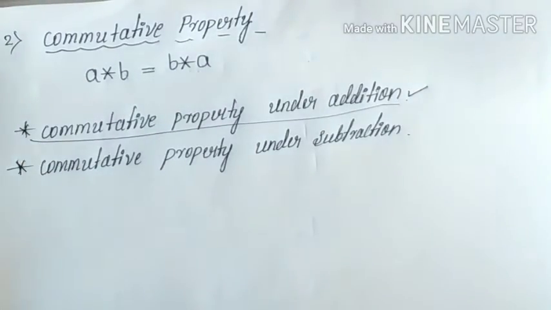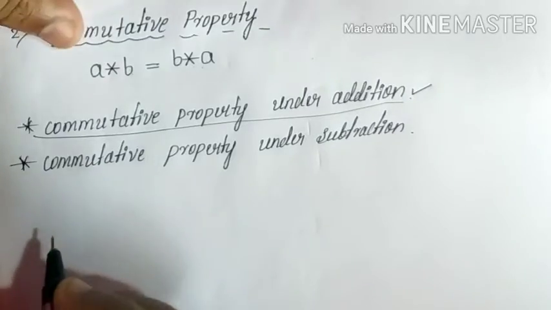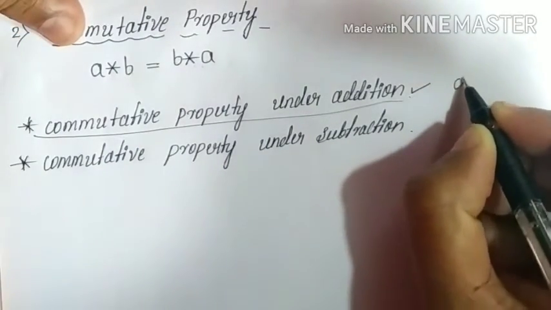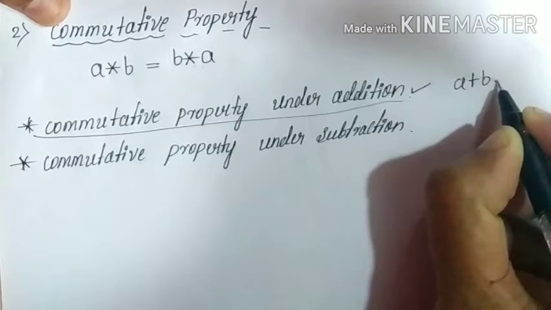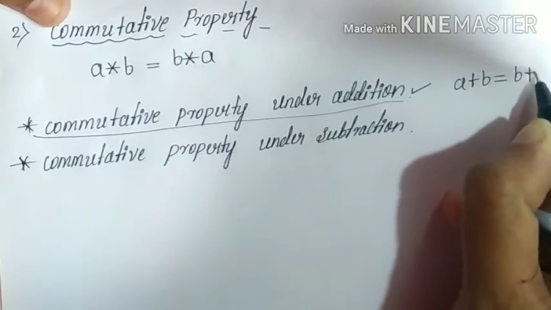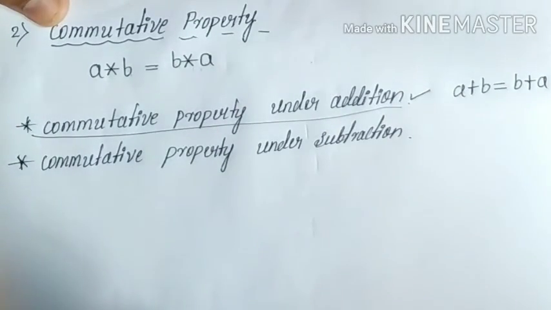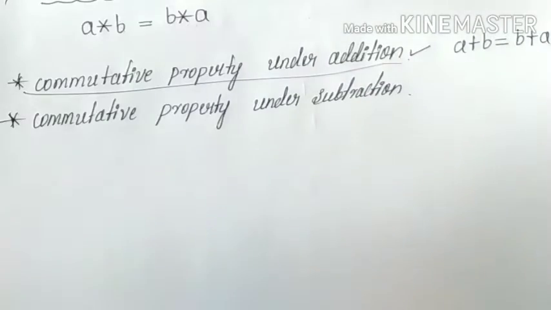What is the commutative property under addition? In this property, the addition of any two integers when interchanged gives the same answer. That is, a plus b is equal to b plus a. Okay, let's prove it.